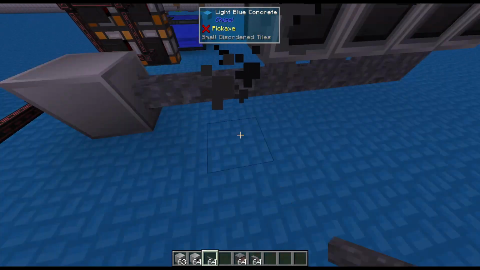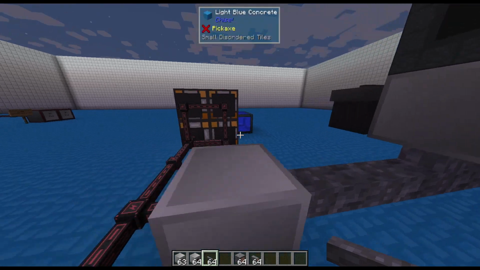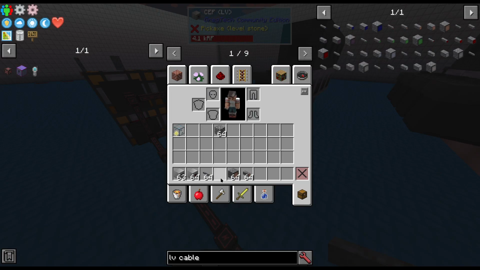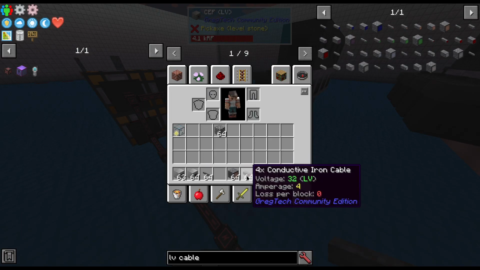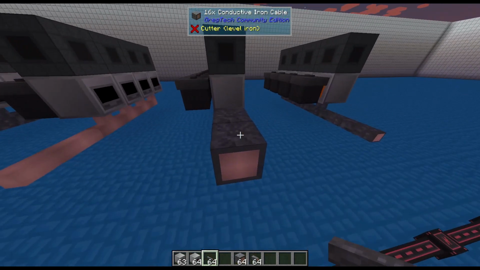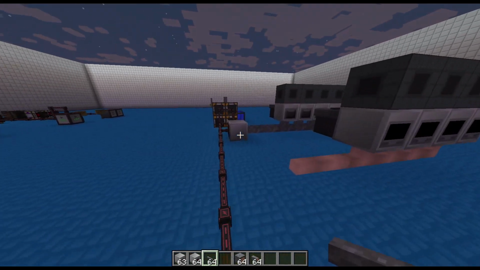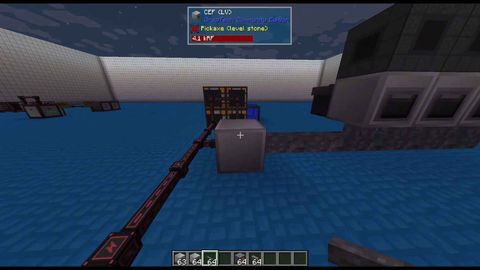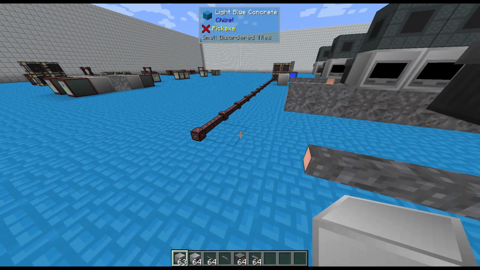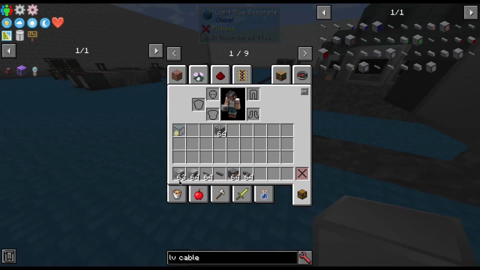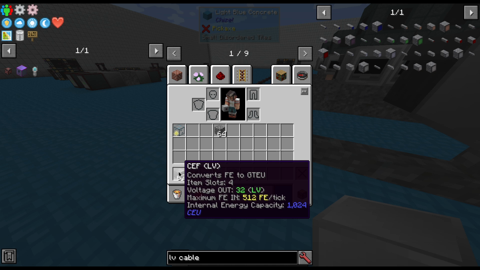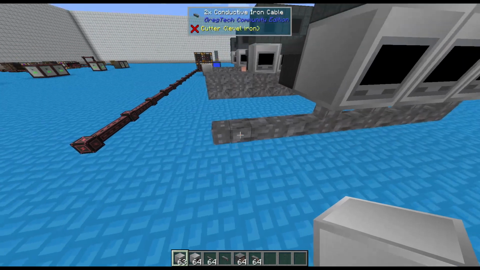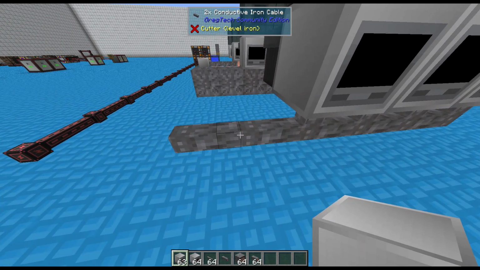Don't want fire. So remember, only use 4 amperage cables and 16 amperage cables depending on the CEF that you are using. Like I said, if you want to use, for example, CEF that has 4 amperes, don't use smaller cables, don't use cables or wires that cannot have that much amps, okay?